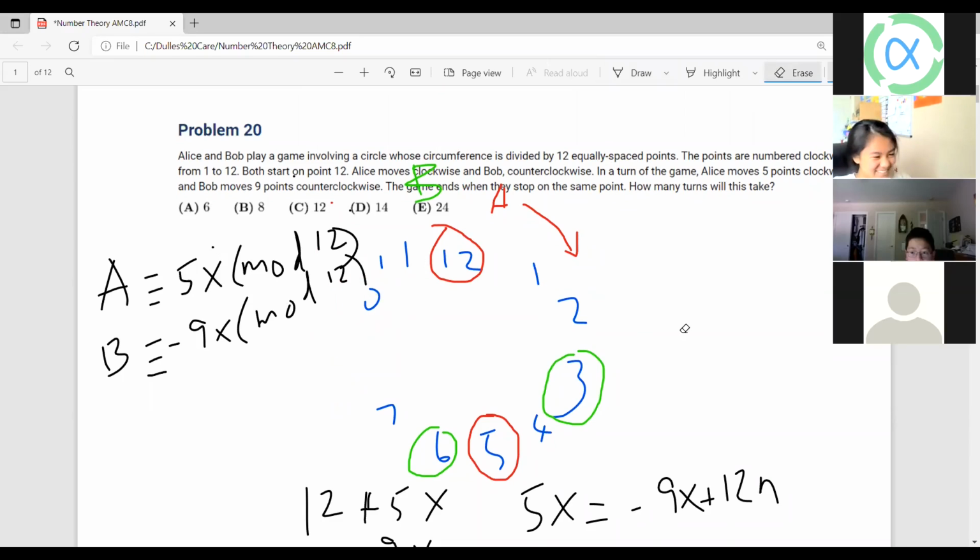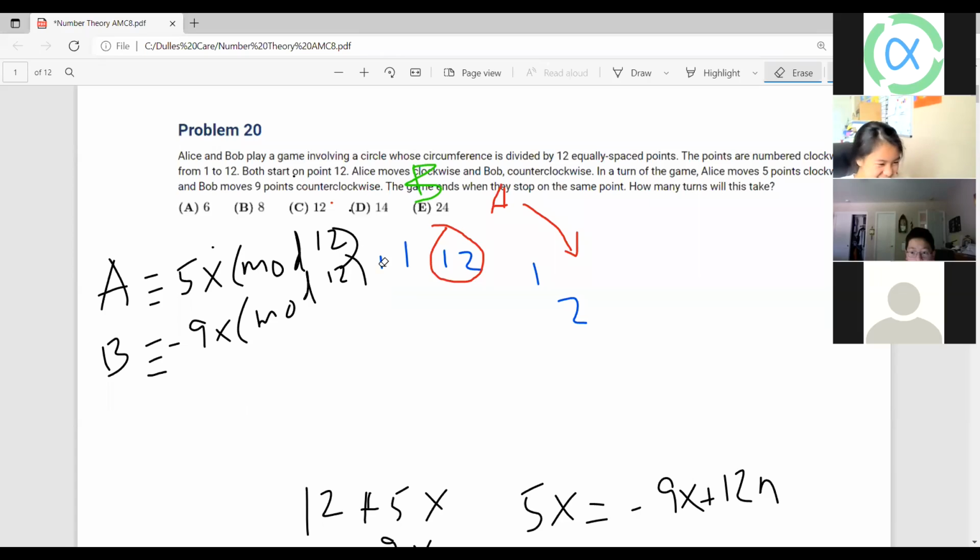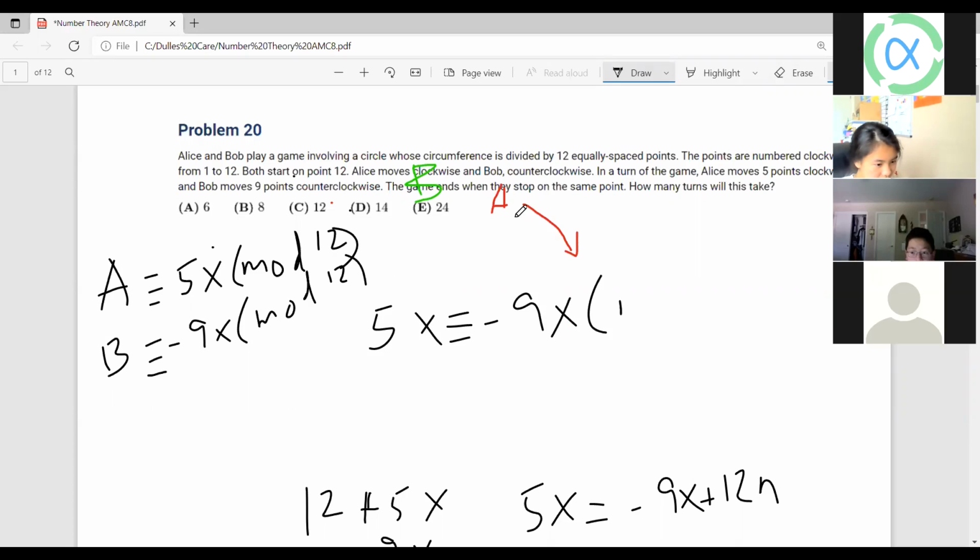So let me just erase this since this is kind of in the way and it's useless now that we've moved on to mods instead of using the diagram. Now we say this. So we have some number x such that 5x is equivalent to negative 9x mod 12.